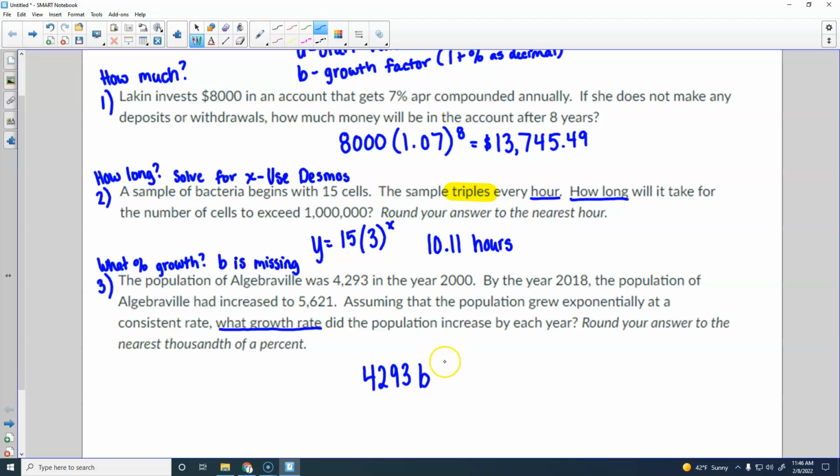And then up here in the exponent, what do we put there? That is going to be 18. That is our amount of time. From the year 2000 to the year 2018, 18 years have passed, right? So your time goes here.